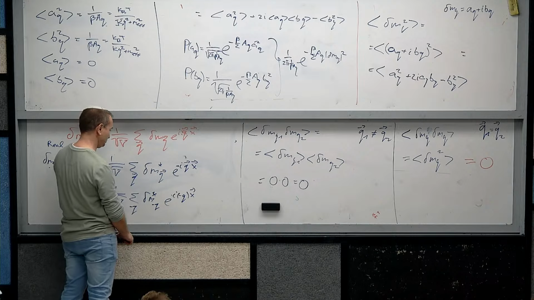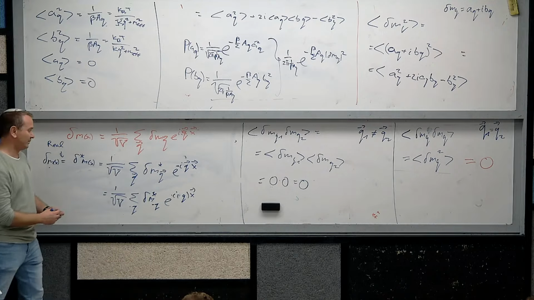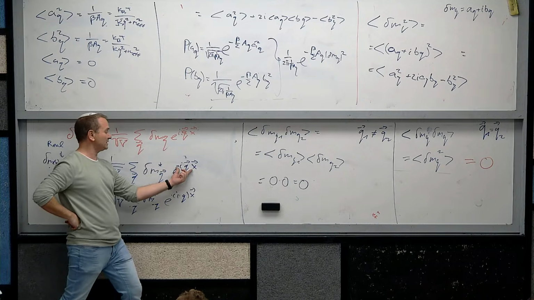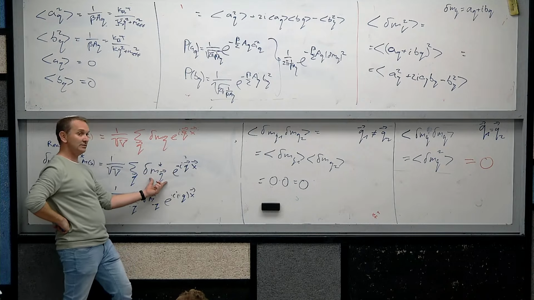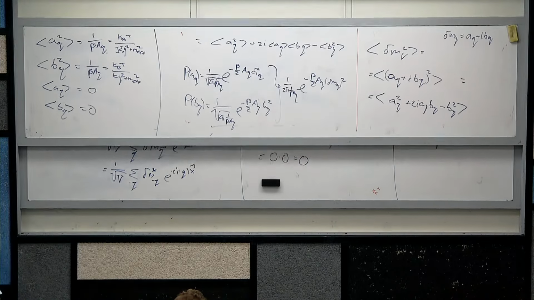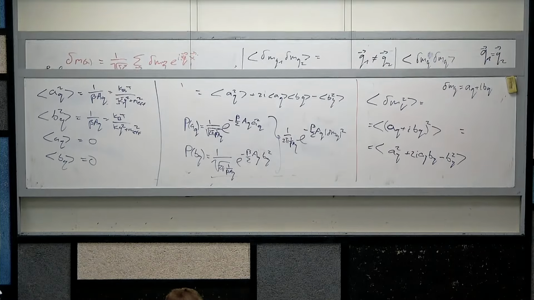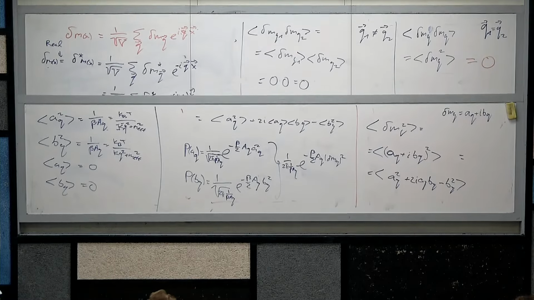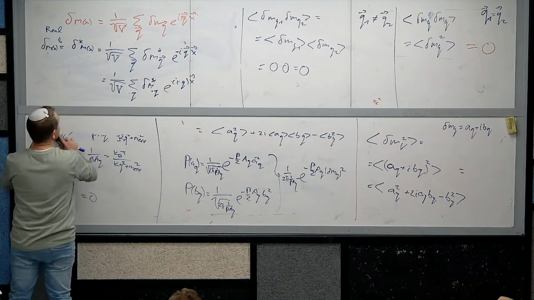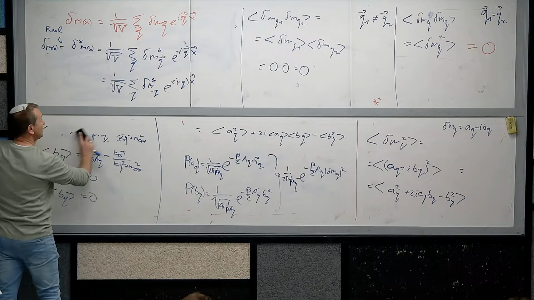Plus, I have plus over here, plus over there, because the only difference is whether this guy is positive or this guy is negative. Now look, so this equals that guy, exactly.